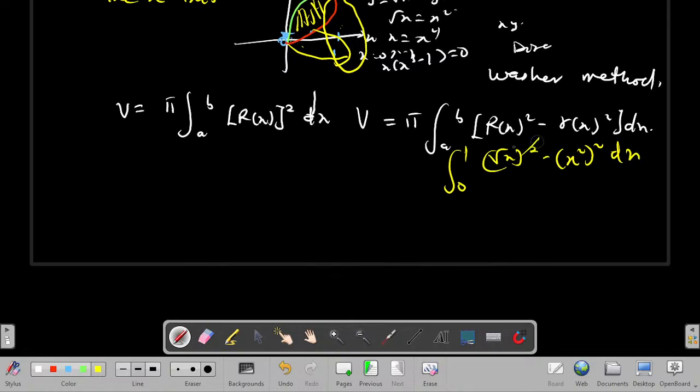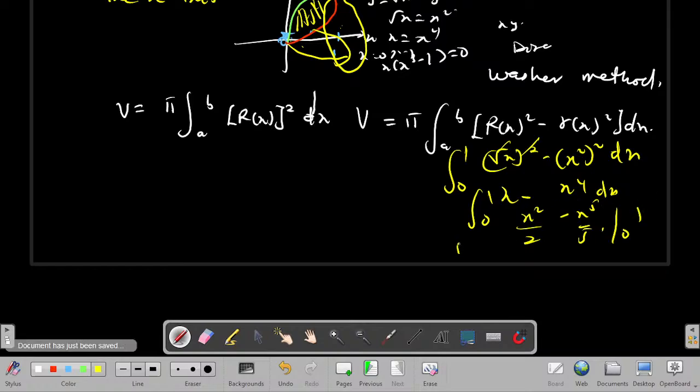So here it cancels. I'll get x, and x squared becomes x to the power 4, and integrating gives power 5 over 5. Putting 1 inside, I'm going to get 1 over 5, minus, when I put in 0, it is 0.